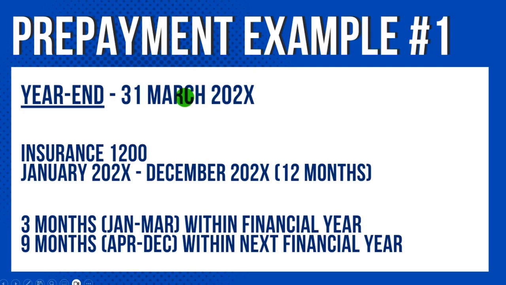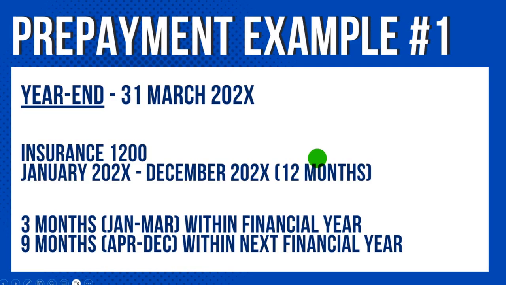So if we compare the insurance cover period to the reporting period, you're going to have 3 months of insurance, January, February, March, within the financial year, and 9 months within the next financial year. So think about that for a moment.